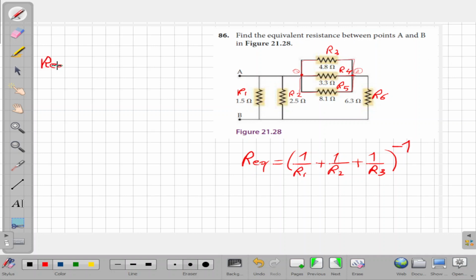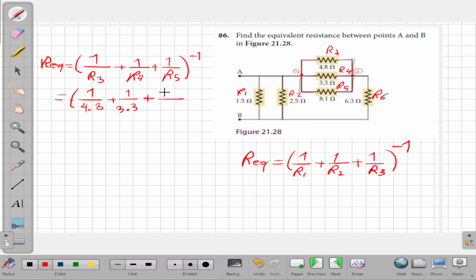R equivalent is equal to 1 over R3, this is the first resistor, plus 1 over R4 plus 1 over R5, to the power minus 1, which equals 1 over 3.6... 1 over 4.8 plus 1 over 3.3, 8.1 to the power of minus 1.